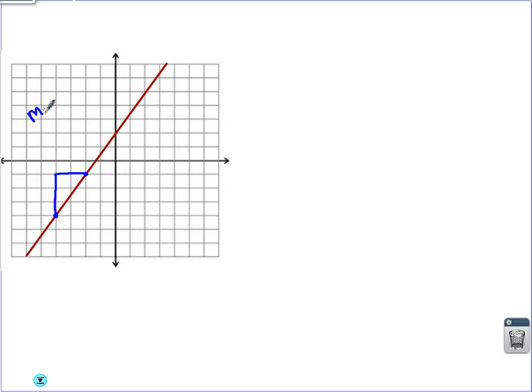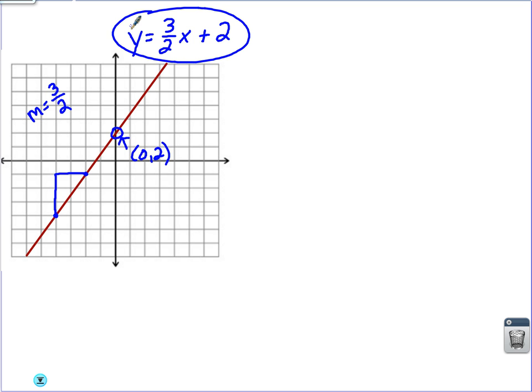So therefore, we have a slope of 3/2. Rises 3 and runs 2. And we have a y-intercept of (0, 2). So therefore, the equation of a line will always look like this: y equals the slope times x plus or minus the y-intercept. So the equation of this line will be y equals 3/2 x plus 2.